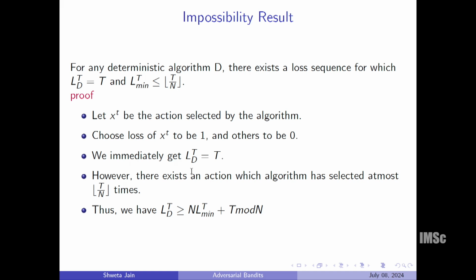It would be 1 minus 1 by k. So at least you reduced your loss by 1 by k, right. Earlier you were incurring the loss of 1, now that thing is reduced by 1 by k. So now the loss is 1 minus 1 by k instead of 1. That is precisely the idea.